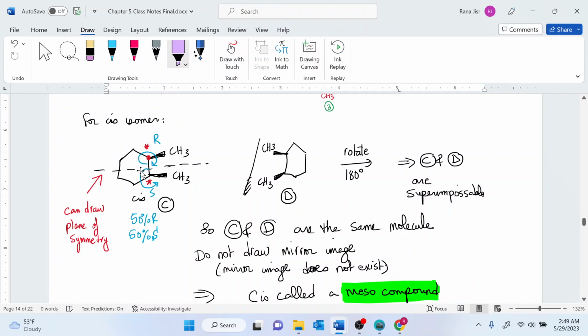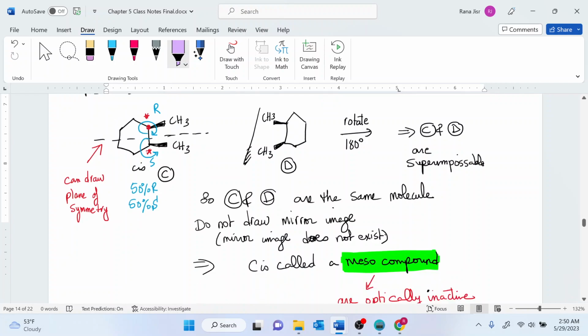You're able to draw a plane of symmetry in there, and the groups around the chiral centers have to be the same so that when you draw a plane of symmetry and cut the molecule in half, these halves are superimposable on each other. And we would say that C exists as a meso compound.